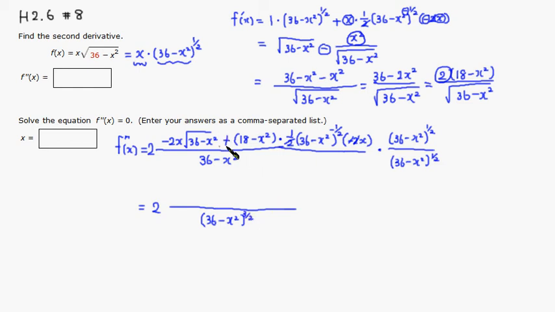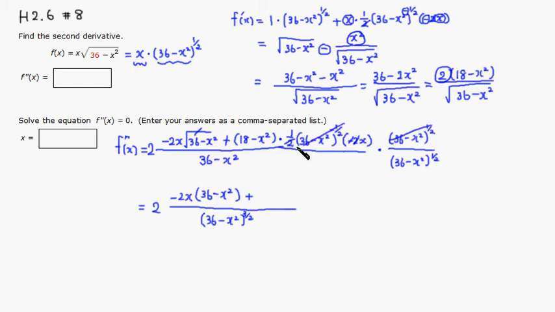All right, then you're going to have negative 2x right here, and this is going to be square root of 36 minus x squared times itself, so it's going to be quantity 36 minus x squared, right, plus, so basically the square root cancels with this one, and this one also cancels with its reciprocal.